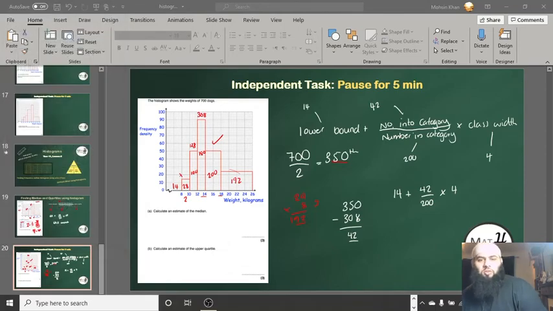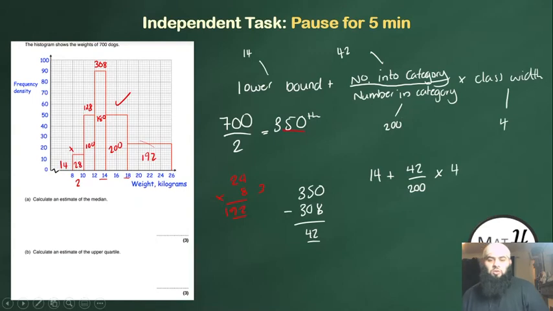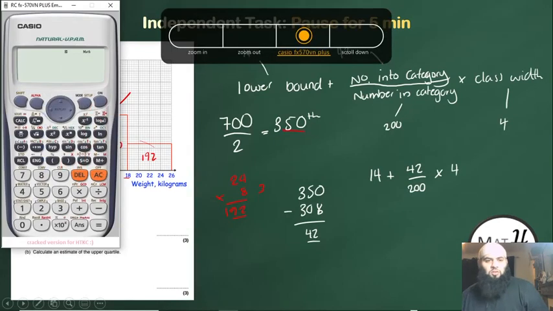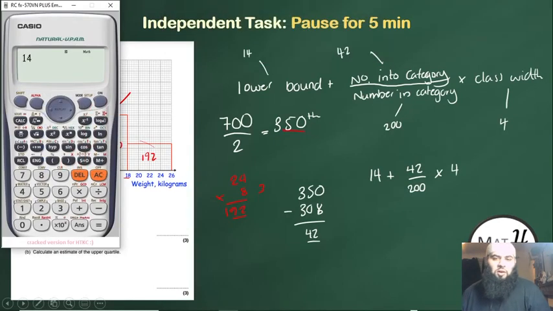On the calculator it's going to be 14 add, we have to get the fraction right, 42 divided by 200, and then you times it by 4.